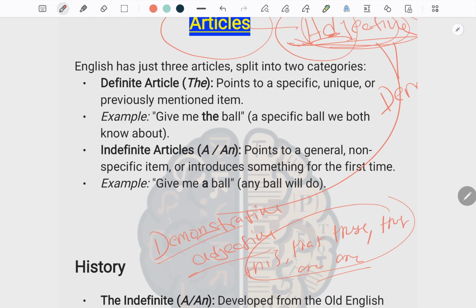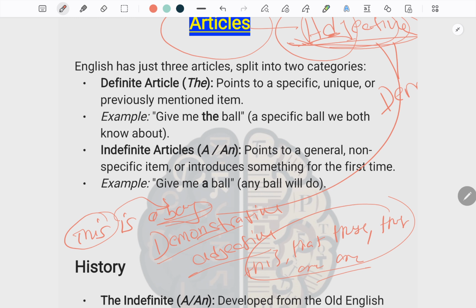Demonstrate in the sense that we are indicating something. Suppose I am just taking an example: this is a boy. So this demonstrative adjective is indicating this guy. We do not know the name of this guy. We do not know about his relations to us or to others.